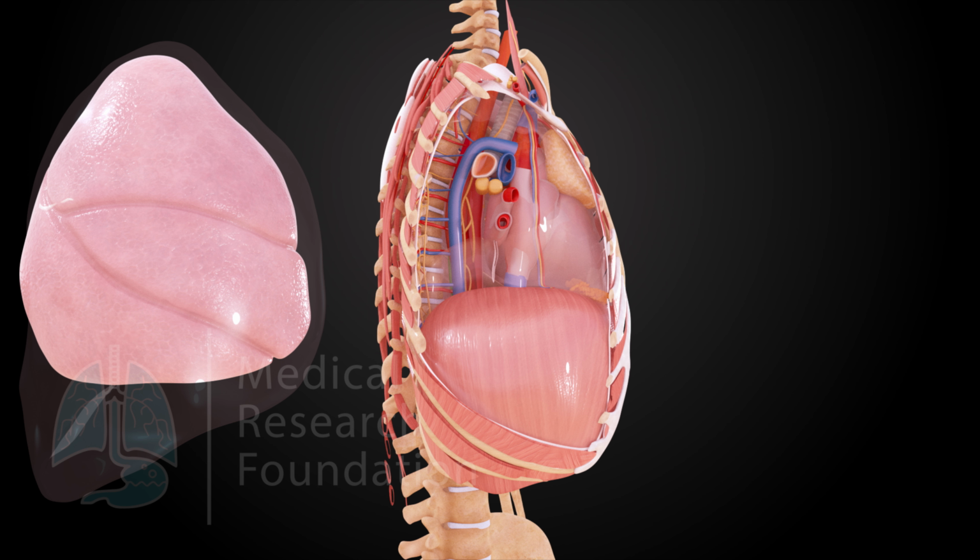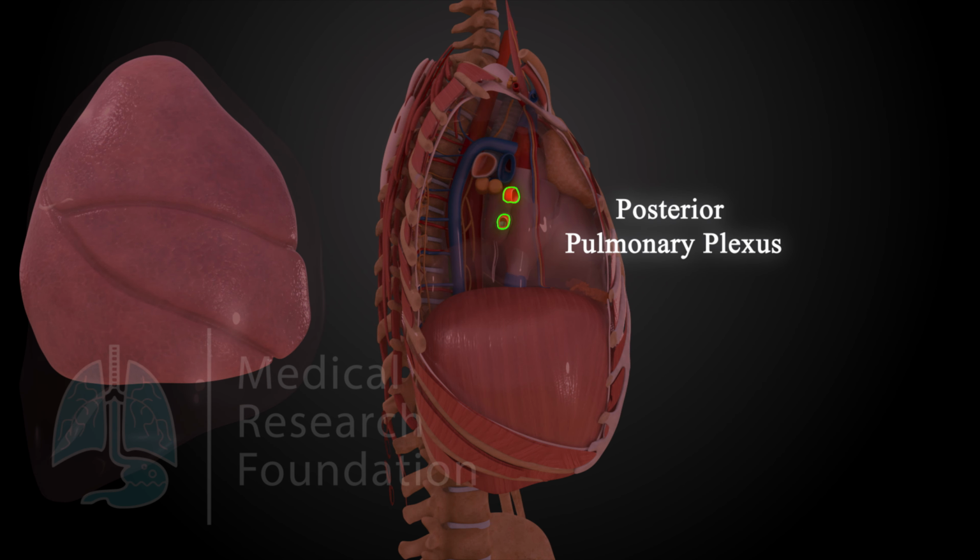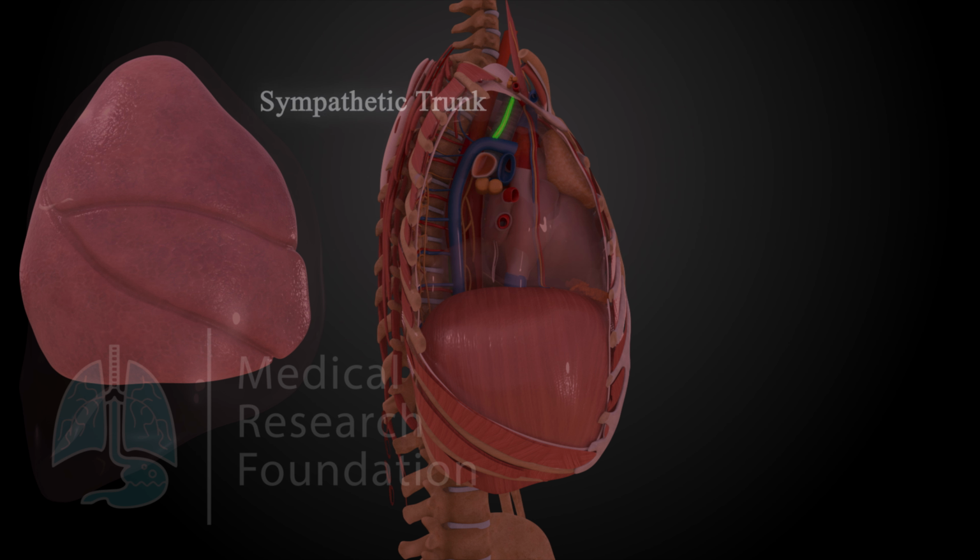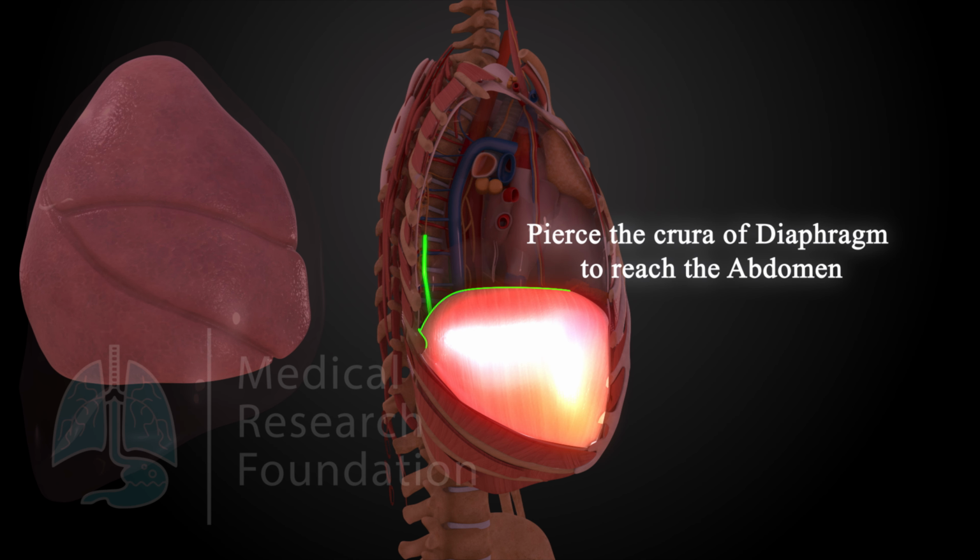Here it breaks up into branches to take part in the formation of posterior pulmonary plexus and esophageal plexus. The sympathetic trunk runs in the paravertebral gutter. The splanchnic nerves leave its lower half, run medially, and pierce the crura of diaphragm to reach the abdomen.